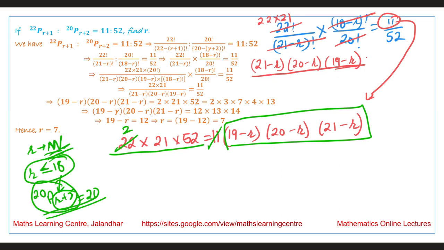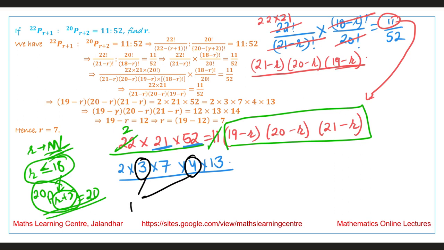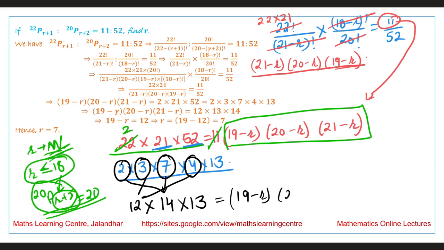So we try to factorize these terms. If we factorize these terms, we get 2 into 3 into 7, and 52 we can write as 4 into 13. So what this implies, if we collect some terms over here, we collect 3 and 4 to get 12, 7 and 2 we collect to get 14, and lastly we get 13, and we are saying this is 19 minus r, 20 minus r, and 21 minus r.